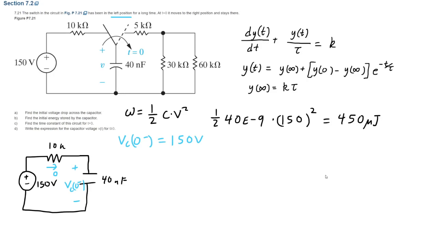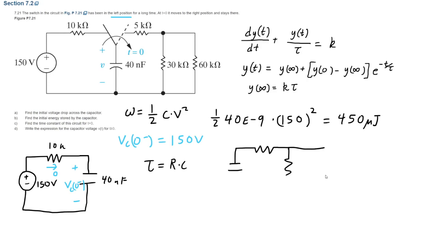And now we're going to find the time constant. So the time constant is tau. It's R times C. So we're going to find the R equivalent and the C equivalent and use that to find out the time constant. So if we redraw the circuit after time equals 0 minus, after the switch is thrown, we have the 5 kilo ohm resistor connected here.